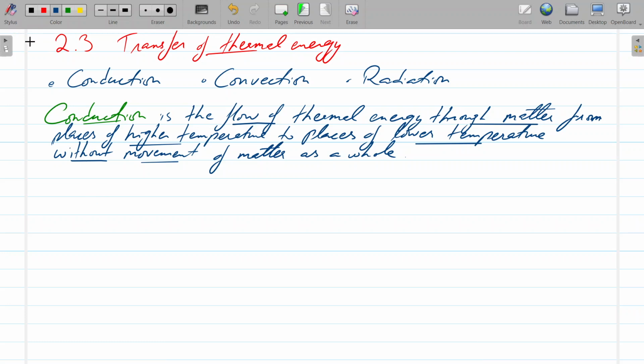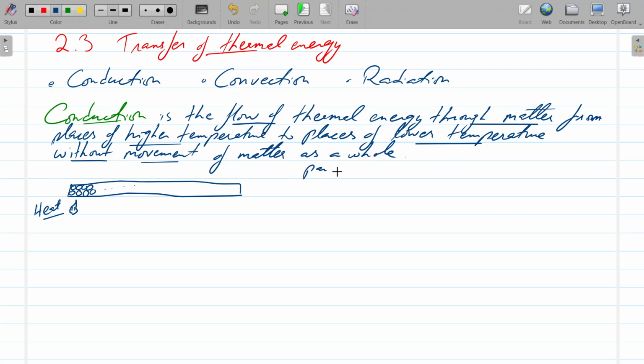And so what's happening is, if you have an object over here, we're not specifying the material or what kind, you just have an object, and you are providing heat, you are heating one end, and so the particles over here are gaining energy.